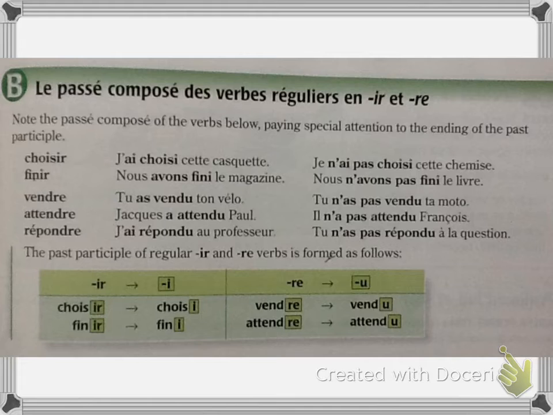So working through those translations. To choose, I chose this baseball cap. I didn't choose this shirt. To finish, we finished the magazine. We didn't finish the book. To sell, you sold your bike.